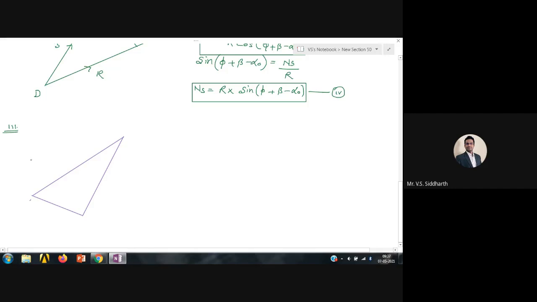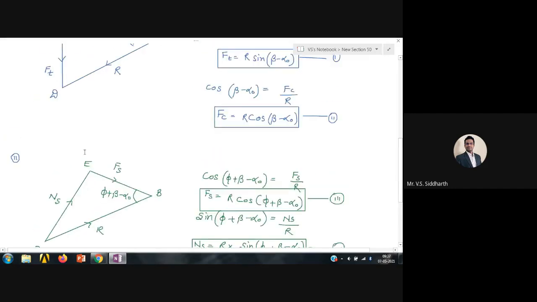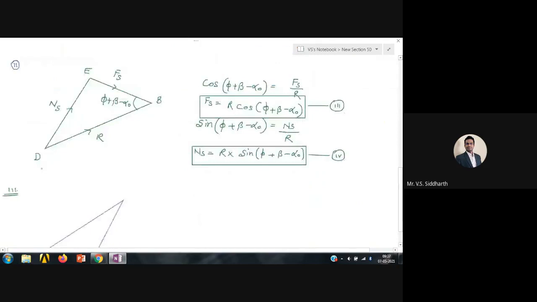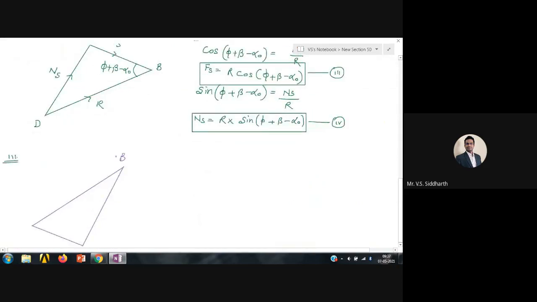So this is BDC. This is B. This is D. This is 90 degrees. This is the frictional force. This is normal to the friction force. And this is the resultant R. This angle is my friction angle beta. Clear?